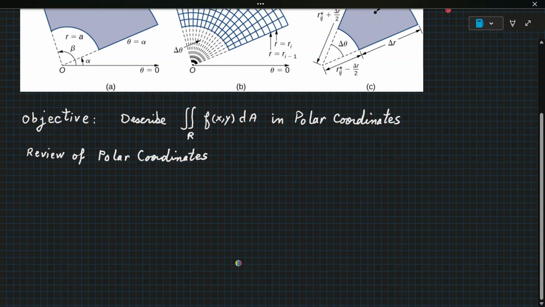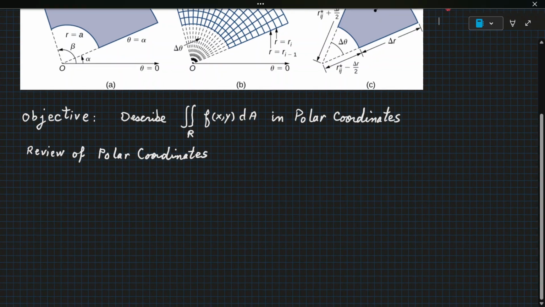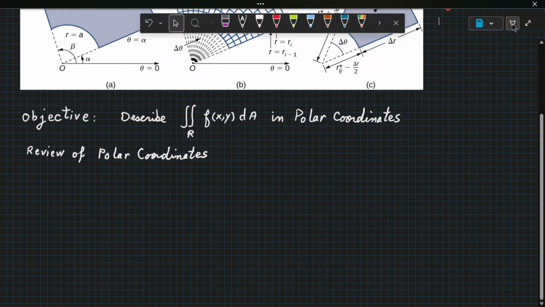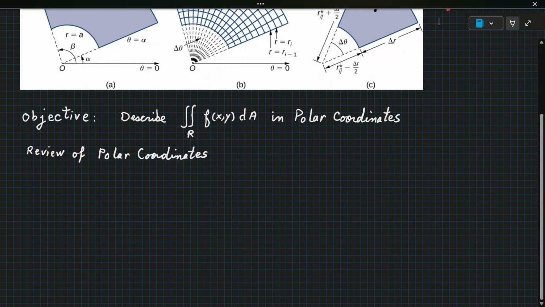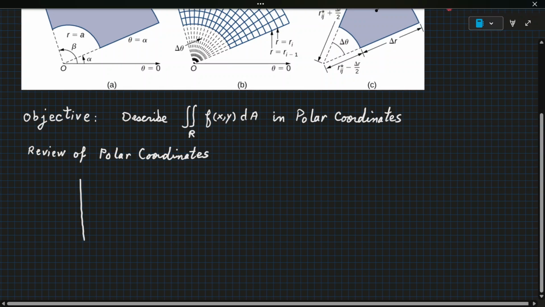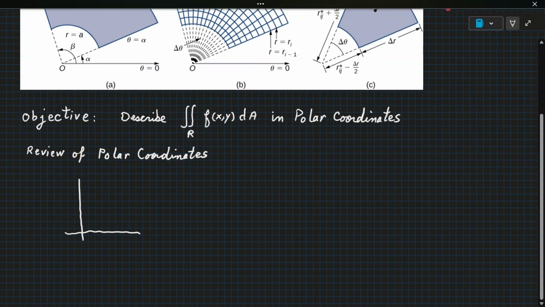What was a polar coordinate? So we have Cartesian, and as usual the x, y coordinate system is present. If you have a point here, you describe it with an x and a y.